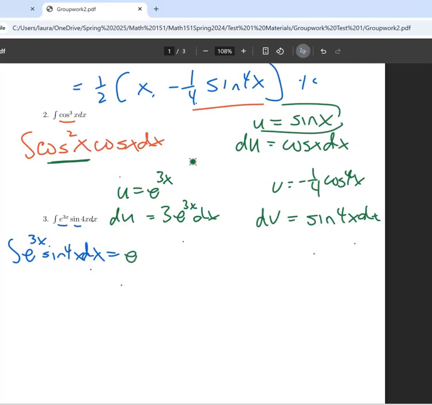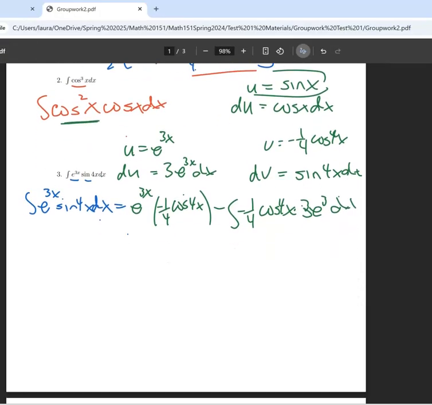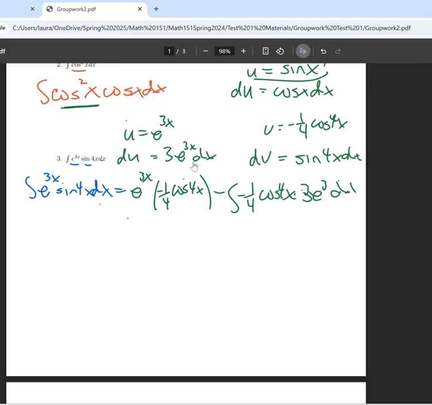uv, so e to the 3x, and then negative 1/4 cosine of 4x minus the integral of v, another negative, and then a du, 3e to the 3x dx. I'm always going to suggest that you pull these numbers on the outside.